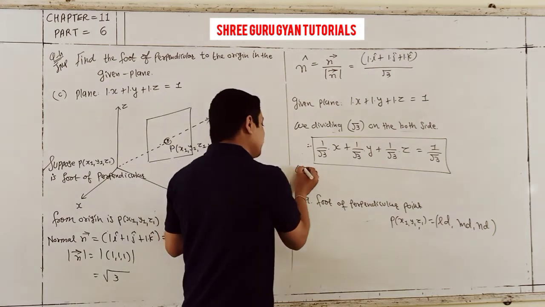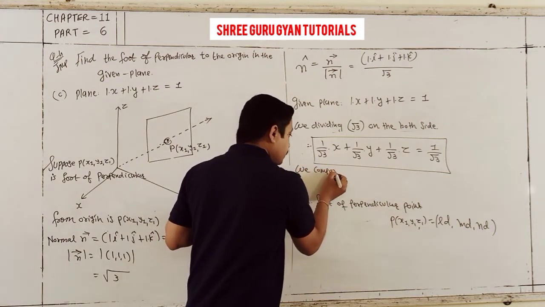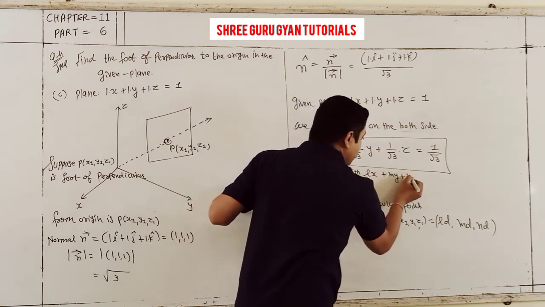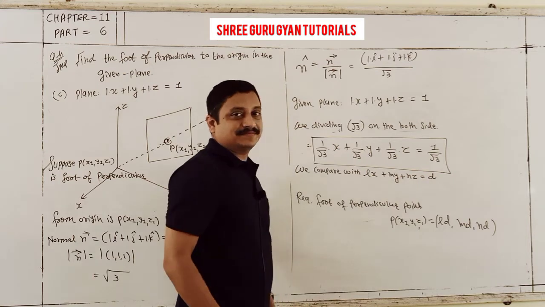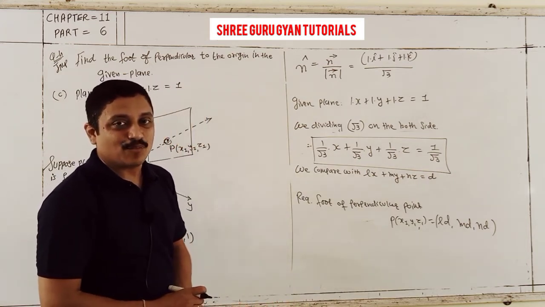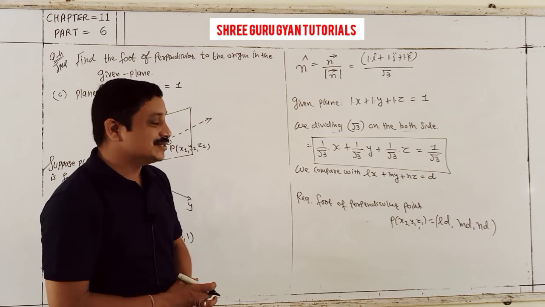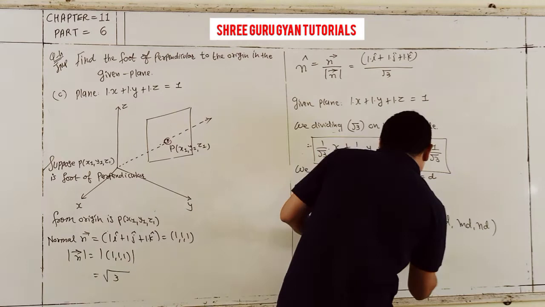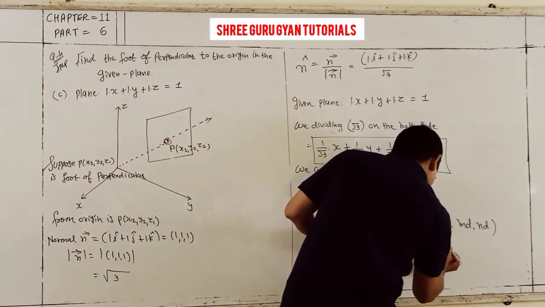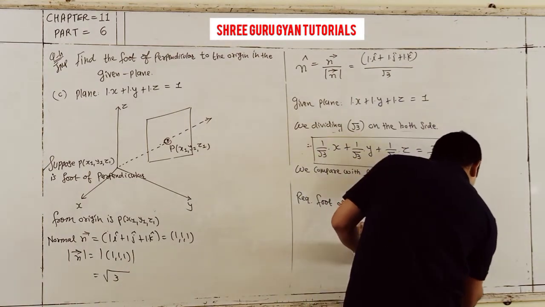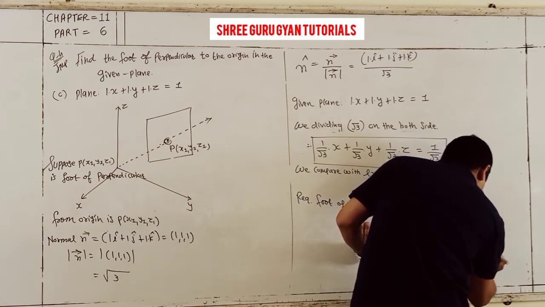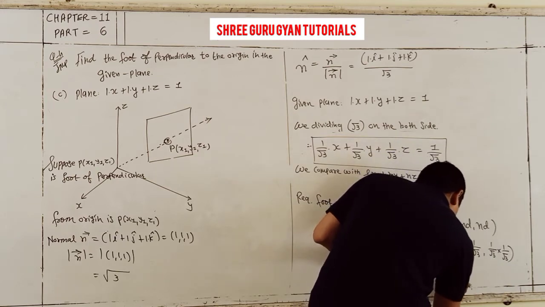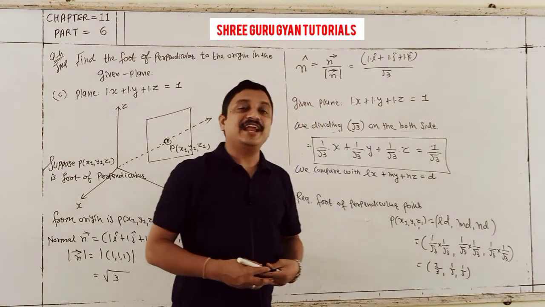So we compare with Lx plus My plus Nz is equal to D. L ready, M ready, N ready. So your required foot of perpendicular points are L, 1 by root 3, 1 by root 3, same, 1 by root 3, 1 by root 3, and last also same. Your answer is 1 by 3, 1 by 3 and 1 by 3.